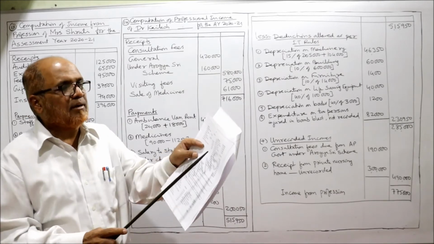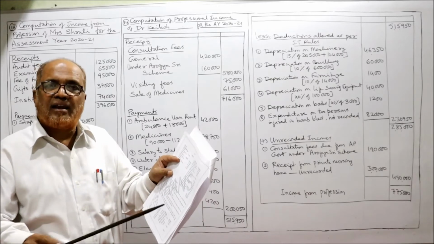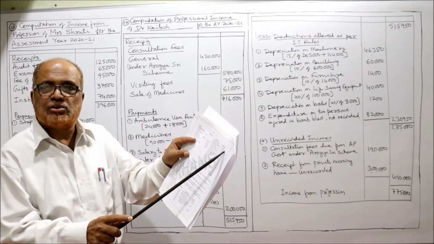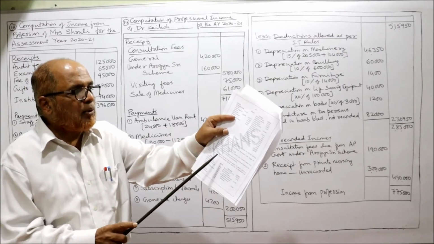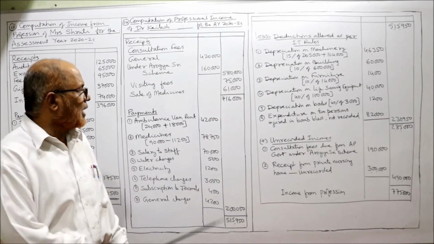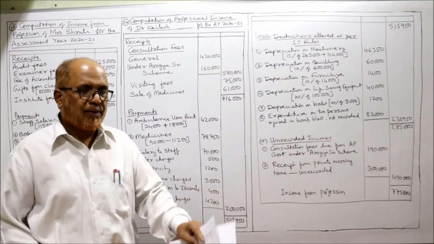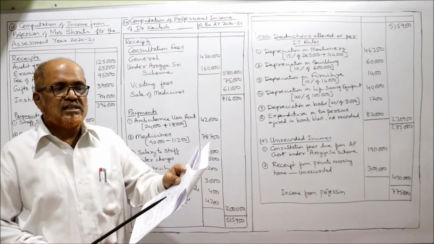Now come to the payment side. Ambulance van rent paid is 24,000. Outstanding ambulance van rent is 18,000, which is yet to be paid. So add up 24 plus 18, 42,000 rupees will be allowed. Second, purchase of medicines.